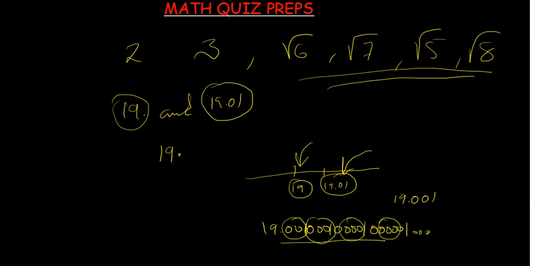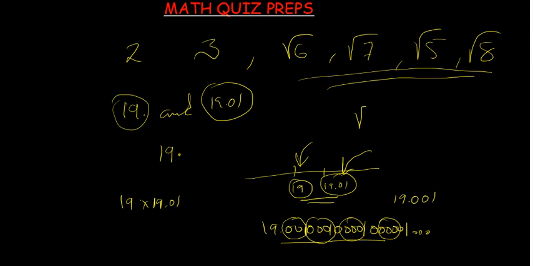Okay. So we are also going to multiply these two numbers, 19 times 19.01, and then try to take their root. So it is a number that is between these.